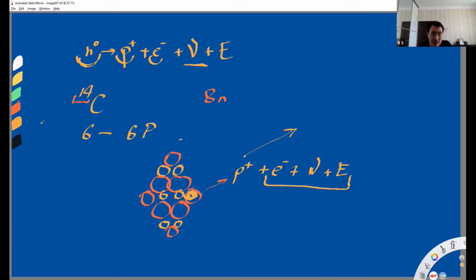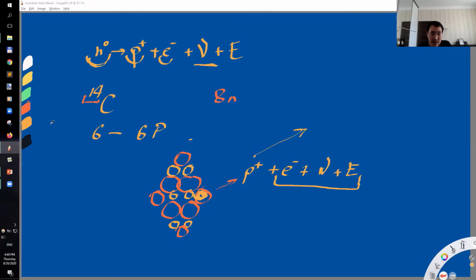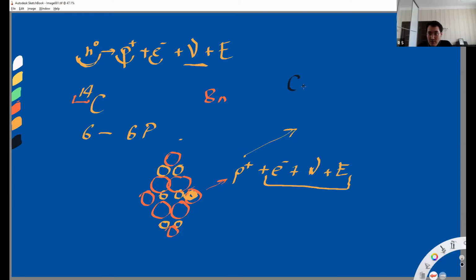And the proton plays the role of the identifier of the element, which means from carbon with the atomic number of 6, it becomes 1, 2, 3, 4, 5, 6, 7. It becomes nitrogen with the atomic number of 7. And this electron will have high energy. That's why it will be counted as beta radiation.